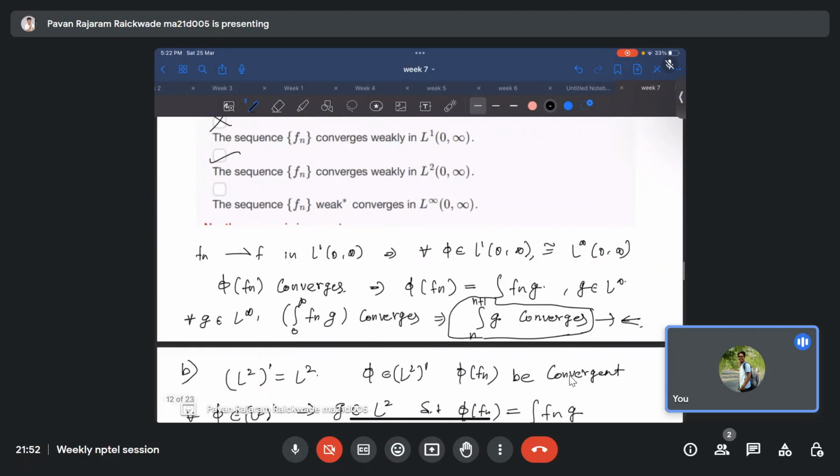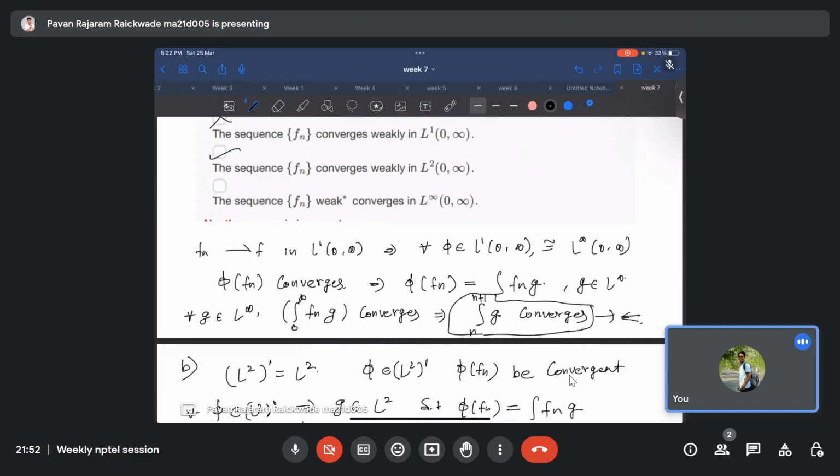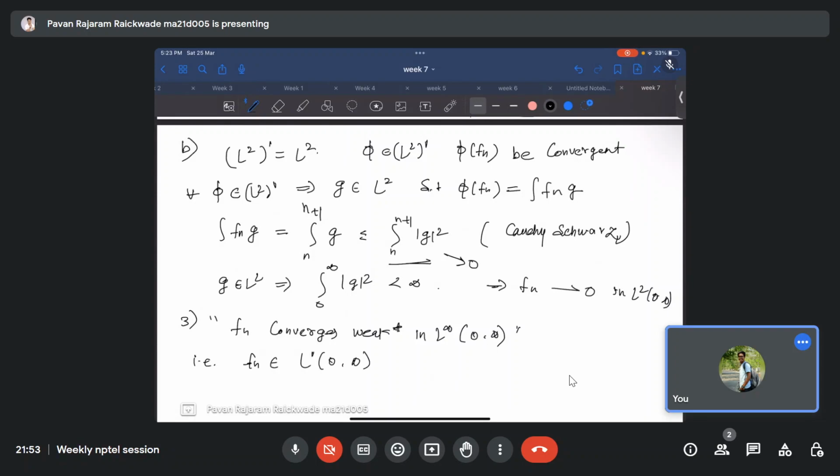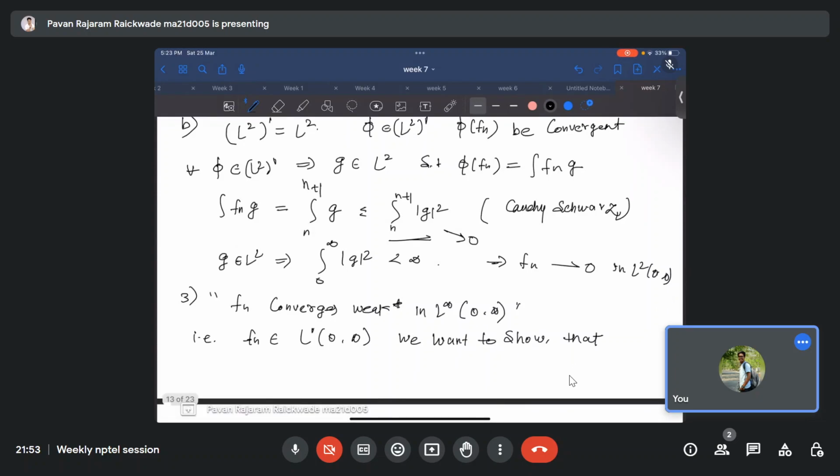The sequence fn weak star converges in L infinity(0, infinity). Okay, so let's see, third. The claim is fn converges weak star in L infinity(0, infinity). That means we are taking fn, which belongs to L1. Wait, what do I want to show? fn converges weak star in L infinity.